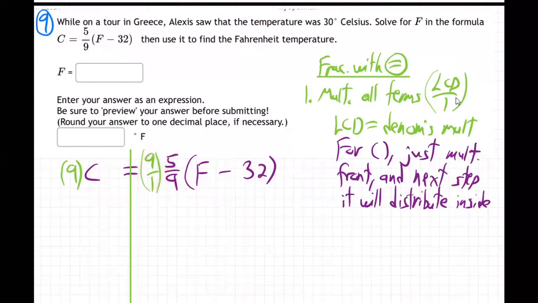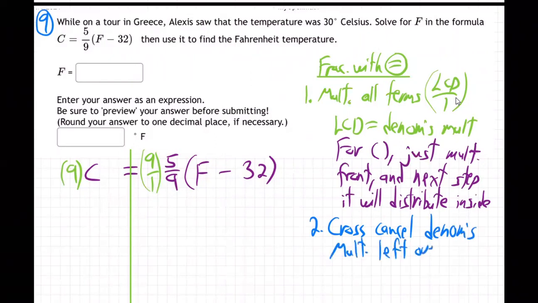Okay, so now what's step 2? I think you know. Cross cancel denominators, multiply whatever's left over. So I'm going to cross cancel those two 9s. So you get rid of denominators. That's why we're doing this, because we want to get rid of the denominators.